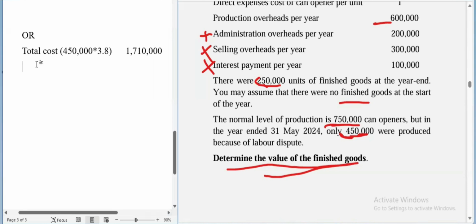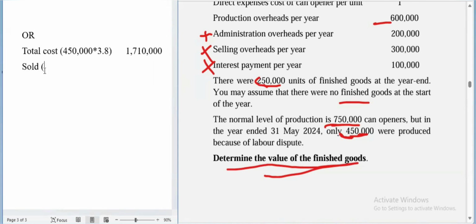Then, don't forget, we sold 200 units, because if you produce 450 and 250 was left at the end of the year, it means we have sold 200.